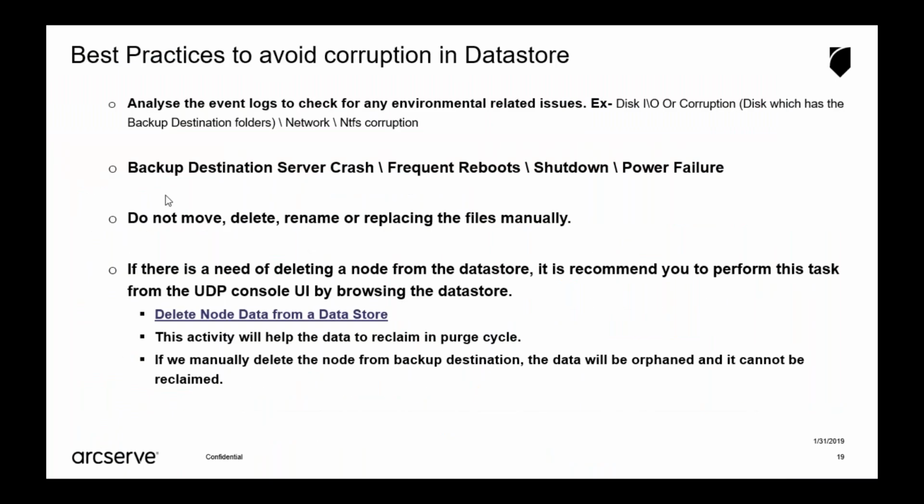Deleting these nodes manually will not be included in the purge cycle, because it was not deleted from the console, so the data store will not know which blocks it has to delete or mark as whole or zero. So that kind of data will be orphaned.